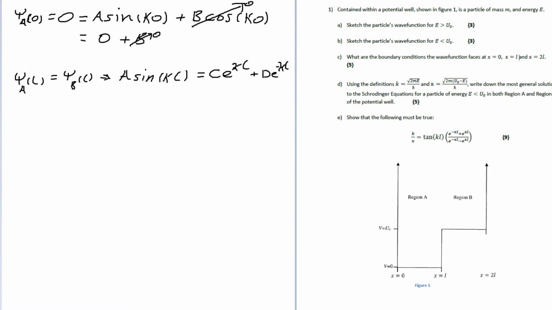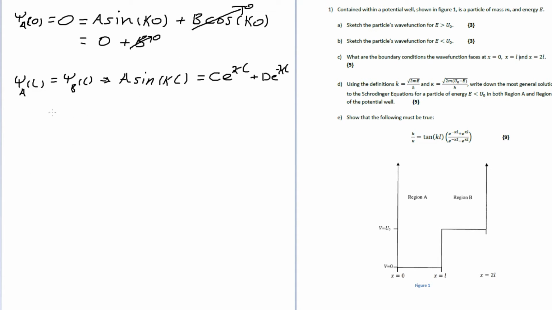So let's move down here. We know that the derivative of psi A at L is equal to the derivative of psi B at L. So let's go ahead and differentiate this. If we differentiate our psi A, we get k from our sine times A, and now it's a cos k, evaluated at L, so this is cos kL.